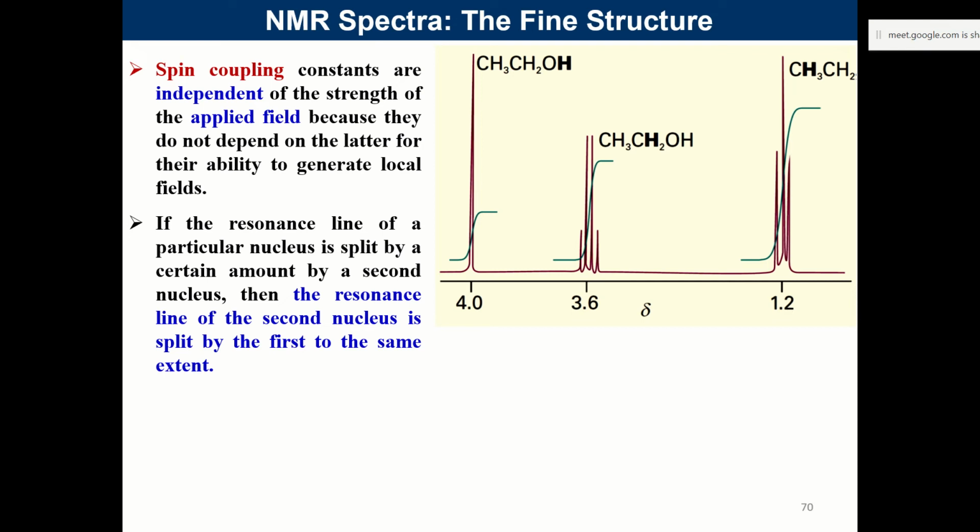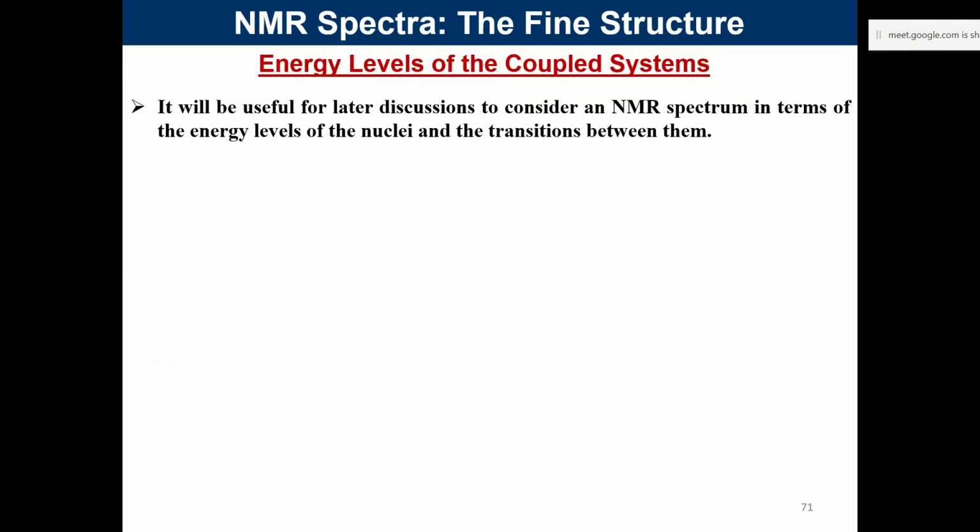But the coupling constant, that means the splitting we will get, will not change even if we change the applied magnetic field. That's why we say it is independent. Under high field or low field conditions, the distance between these two split lines would be the same. It is not going to change with the applied magnetic field.